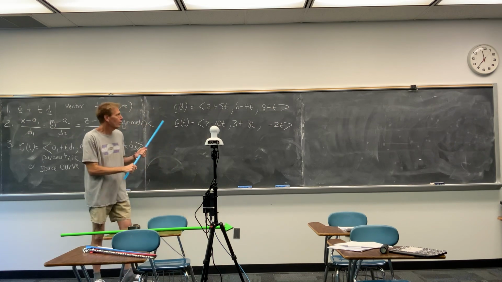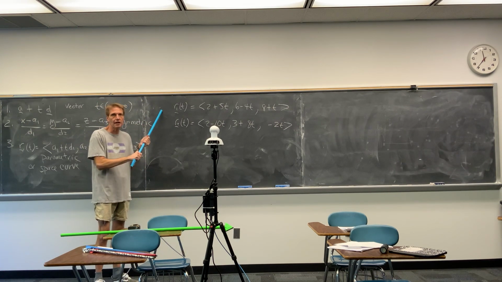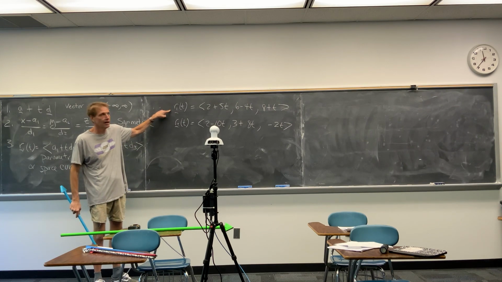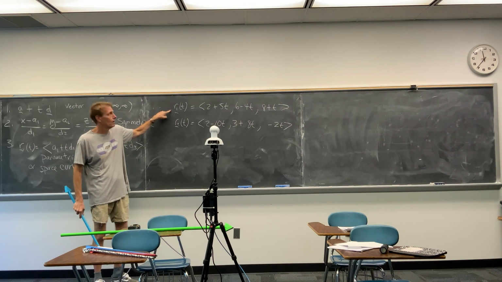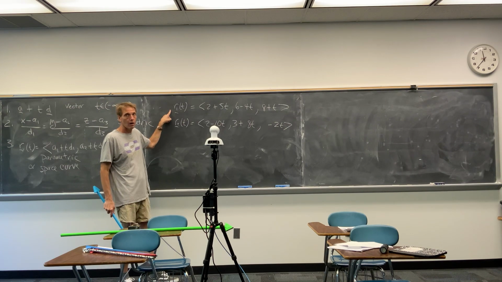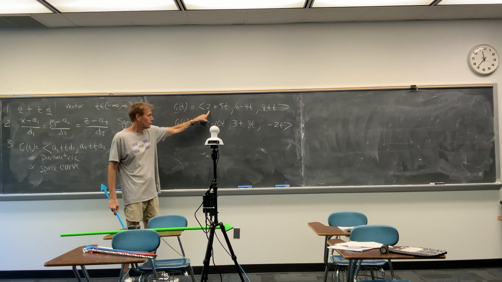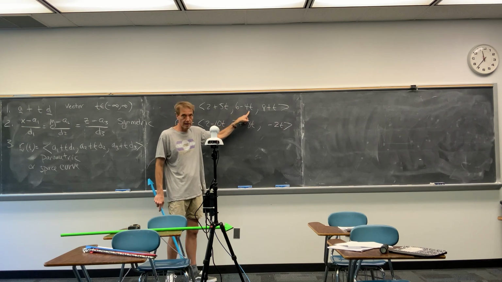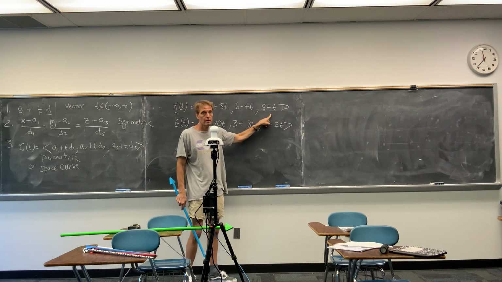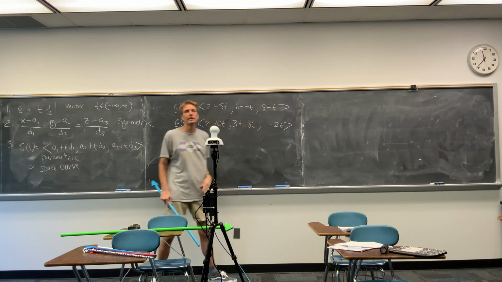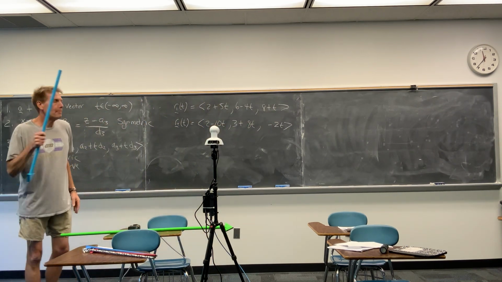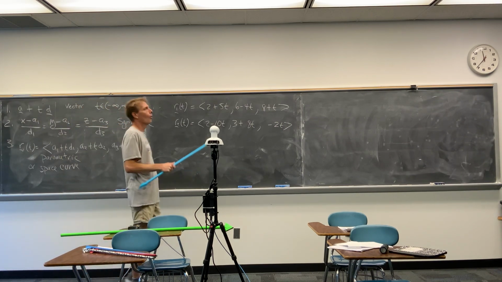Okay, look at these two lines. Read the first line to me. 2 plus 5t, 6 minus 4t, 8 plus t. Is it in the vector form, the parametric form, or the symmetric form?